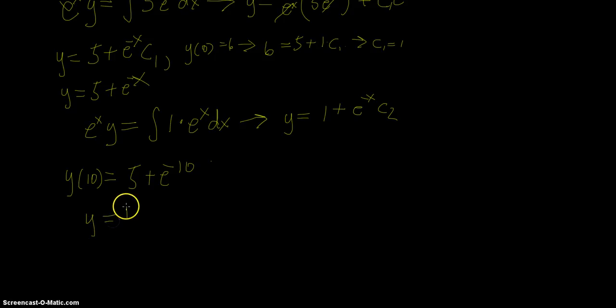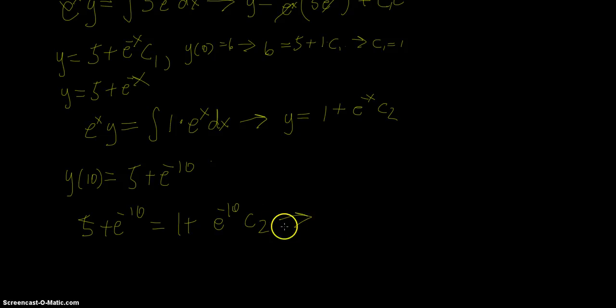So that will give us y equals 1 plus... scratch that. What that gives us is this evaluated at x equals 10 is equal to that. So we'll write 5 plus e to the negative 10 equals 1 plus e to the negative 10 times c2.